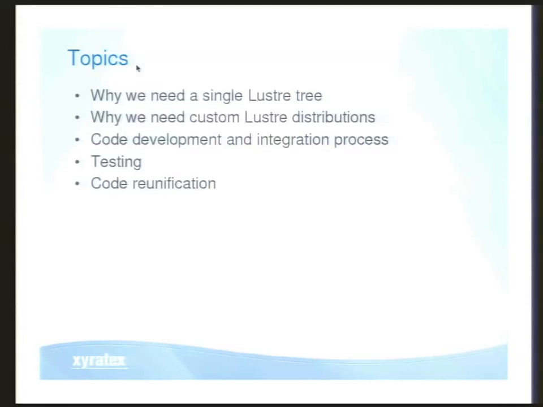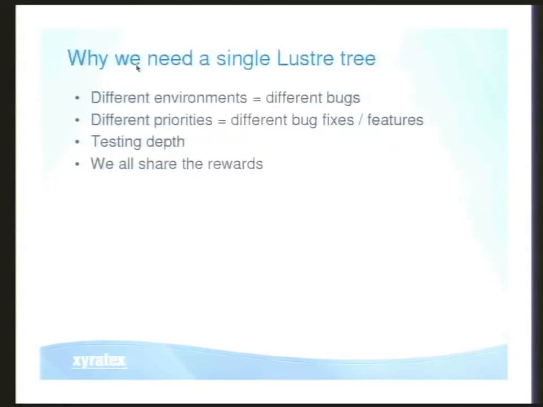So why do we need a single Lustre tree? It's somewhat obvious. There are lots of different environments that run Lustre. They experience lots of different bugs. We all want to benefit from the shared contributions of bug fixes and features.